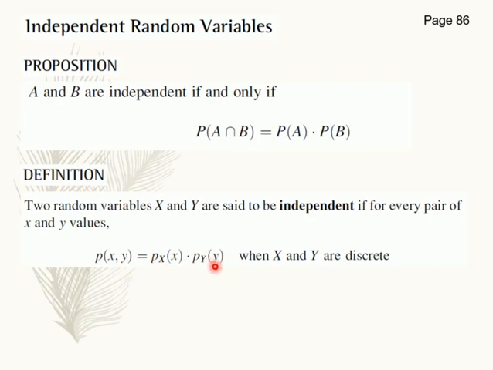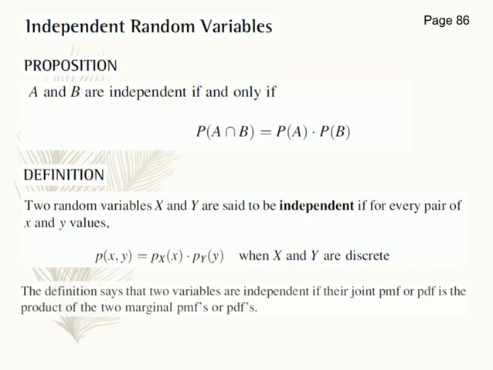And this has to happen for every single pair of x and y values. So if I give you a table and even one pair doesn't satisfy this relationship, then immediately you say they are dependent. And we're only looking at discrete distributions, so don't worry about the continuous one.